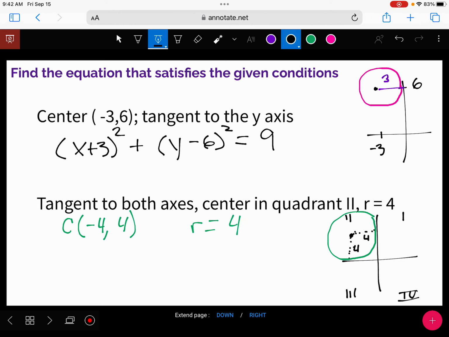So what's our equation? X plus 4 squared plus y minus 4 squared equals 16.